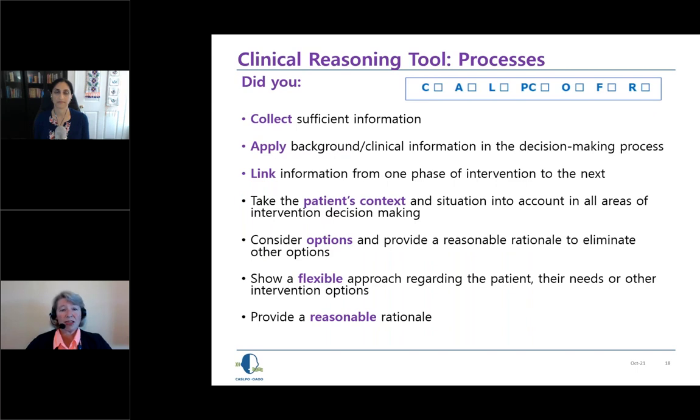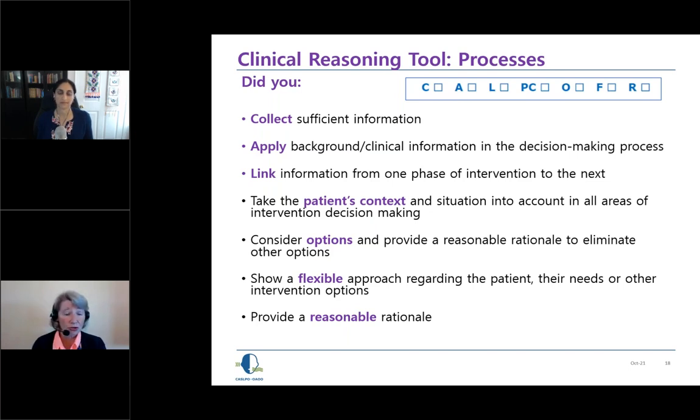So what we're going to do is just a refresher on what the processes are. There are 7 of them. In terms of remediation, this is where the mentee may have some trouble in some of these processes. So let's just quickly review what they are. It's collecting sufficient information, checking that they apply background clinical information in their decision making, that they're linking information from one phase of intervention to the next, that they're really being patient-centered, taking that patient's context into consideration, and that they consider options.